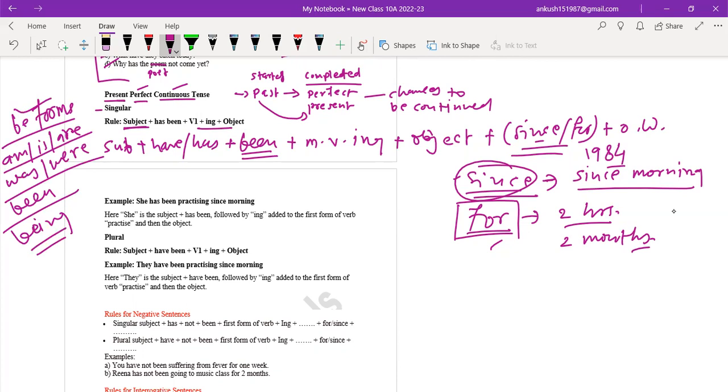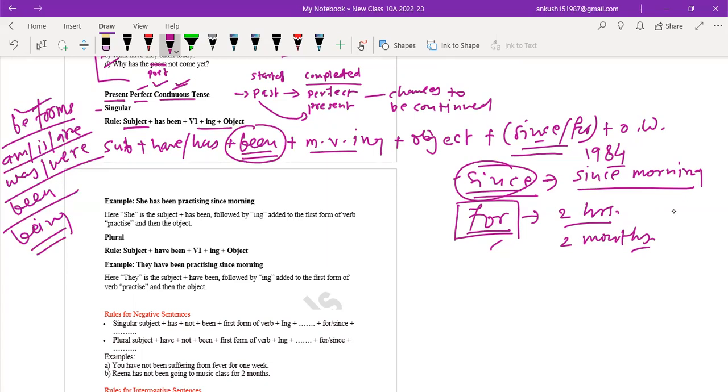Have you got it? Now there should be a question: why do we use been in the sentence structure of perfect continuous tense? Beta, whenever you have to make the verb perfect, we cannot use the same verb with two tense forms, the perfect form and the continuous form.